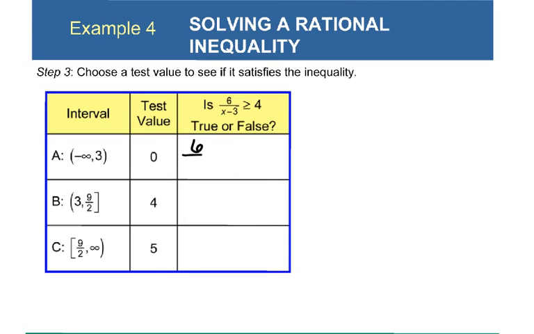So we get 6 over 0 minus 3 is less than or equal to 4. Well, what we get here is negative 2. Negative 2 is greater than or equal to 4. Well, that is false.